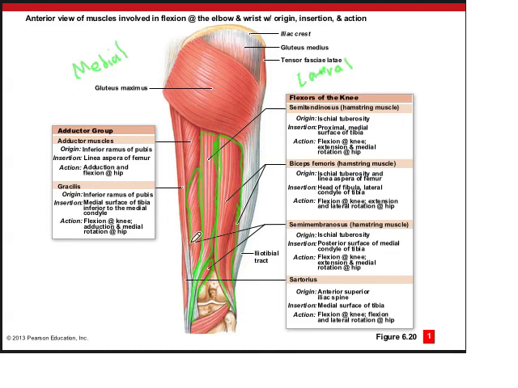Semimembranosus. Origin, ischial tuberosity. Insertion, posterior surface of the medial tibial condyle. He flexes the leg at the knee and he extends and medially rotates the thigh at the hip. And finally the sartorius muscle is a strap-like muscle on the inner thigh.